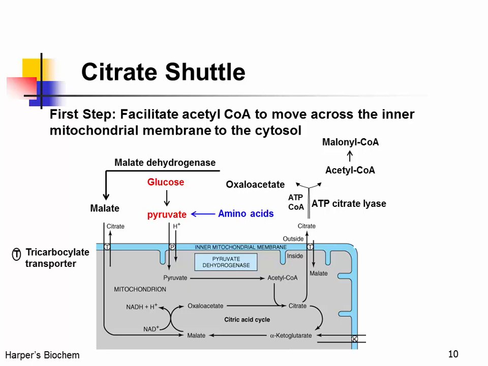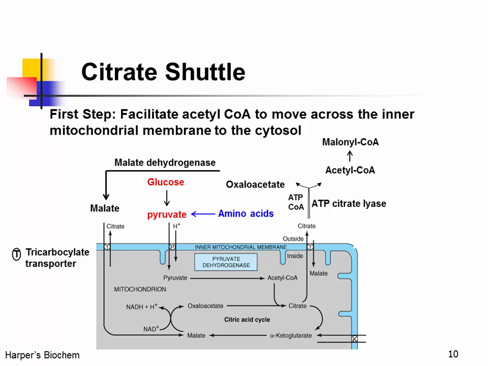Pyruvate enters the mitochondria, and this is a reaction, the pyruvate dehydrogenase, to remove the carboxyl group from the pyruvate and convert it to acetyl-CoA. So acetyl-CoA enters the TCA cycle. This is the first reaction. Remember TCA cycle, right? Together with oxaloacetate it is converted to citrate.